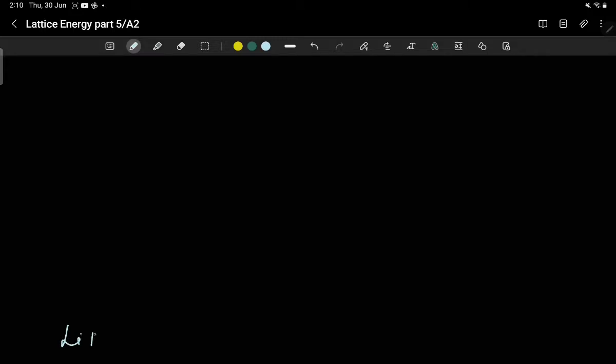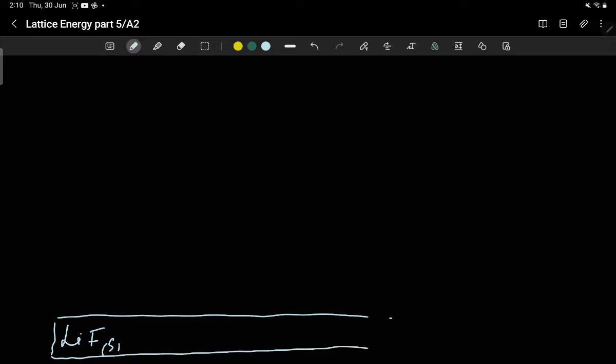Starting from lithium fluoride, so this is an ionic solid. I will be drawing two routes, direct and indirect. So this is the direct route, delta H F, it is negative because it is going down, so the sign will be negative.